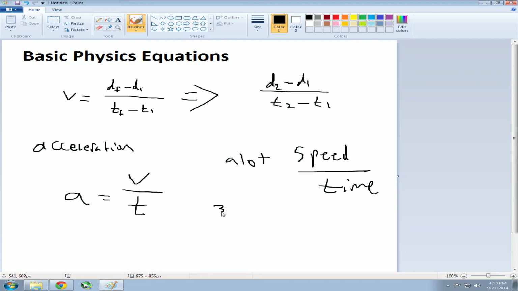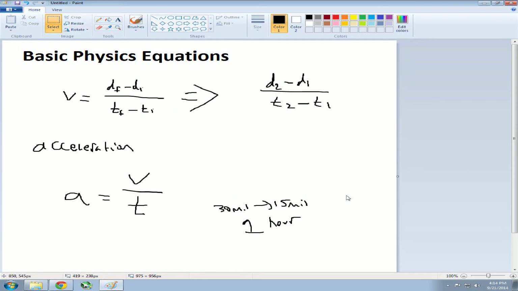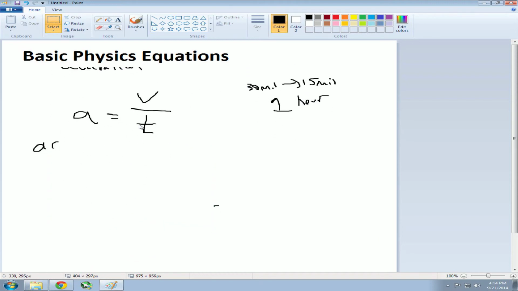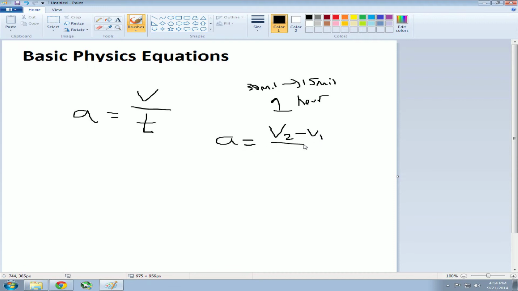Let's say that a car goes from 30 miles per hour to 15 miles per hour in 1 hour, right? So just like how we have the change of distance over change of time, we're going to do change of velocity over change of time, and we're going to use this in real life. Okay, so I guess I can move all this, and so that means that acceleration is v2 minus v1 over t2 minus t1.